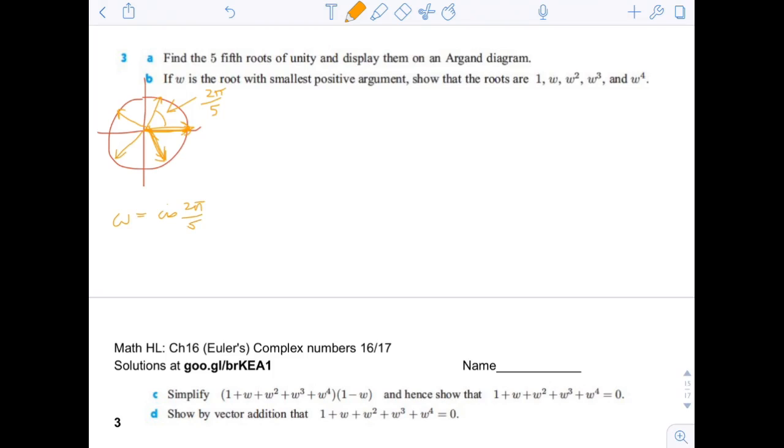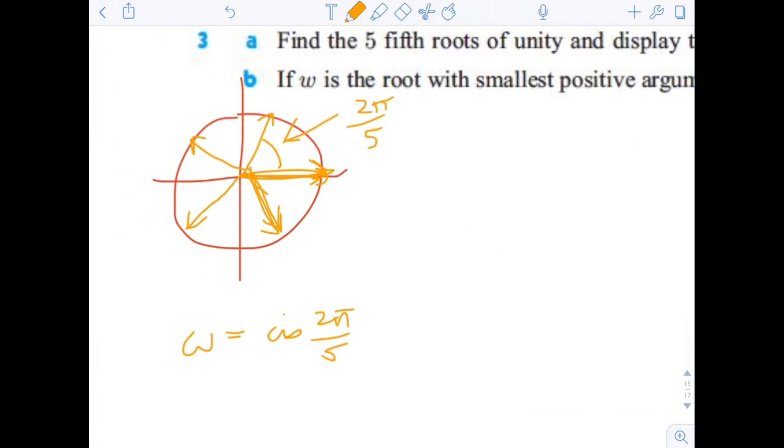If omega is the root with the smallest possible argument, show that the roots are 1, omega, omega squared, omega cubed, and omega to the fourth. Okay, so basically if the first argument is 2 pi over 5, we know that the second angle would be 4 pi over 5, the third angle would be 6 pi over 5, and this angle would be 8 pi over 5.